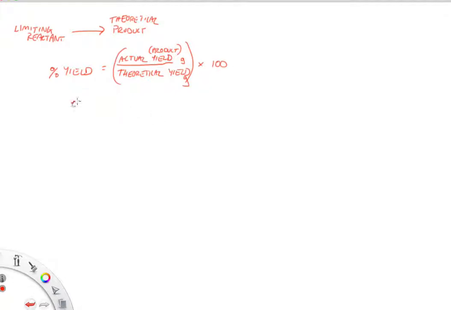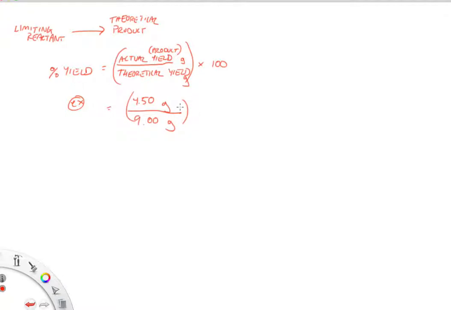So, for example, a really simple example right now, let's just pretend that you do all the calculations and you're supposed to get 9.0 grams. But instead, you get something like 4.5 grams. Oh my God. What happened there? I don't know.